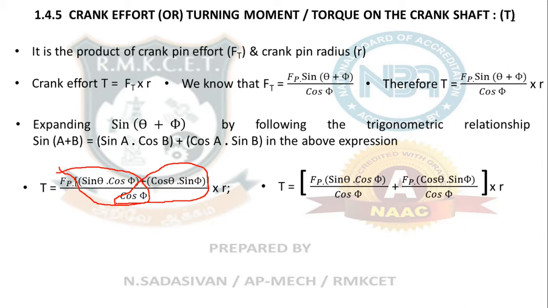Okay, how you club fractions by taking LCM, do the reverse. I am splitting it because you have a plus symbol in the middle, you can easily split it, no problem. Okay, so Fp sin theta cos phi, just split the fraction. Here you will get one cos phi in the denominator and here one cos phi. Write it, Fp sin theta cos phi by cos phi, Fp cos theta sin phi by cos phi.